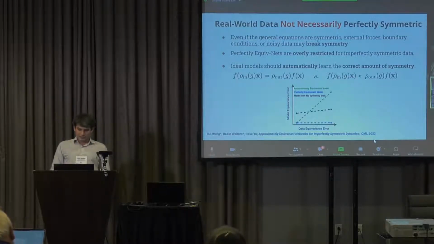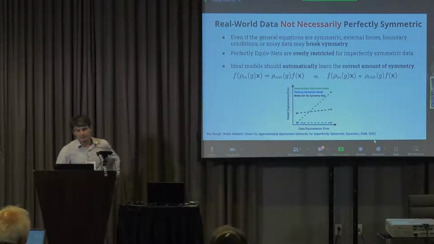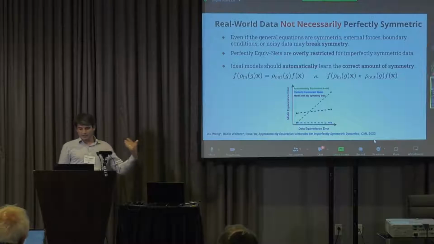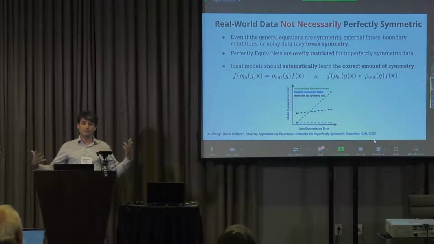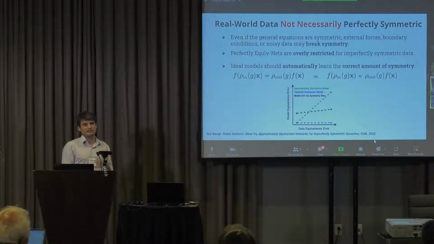Okay, so what this plot shows, which I'll show the actual experimental version of in a second, is this: along the x-axis, I'm showing an increasing amount of equivariance error or symmetry breaking in the data in the model domain. On the y-axis, I'm showing the amount of symmetry that I'm forcing my model to have, or I can measure the amount of symmetry that a trained model has, or an untrained model class.